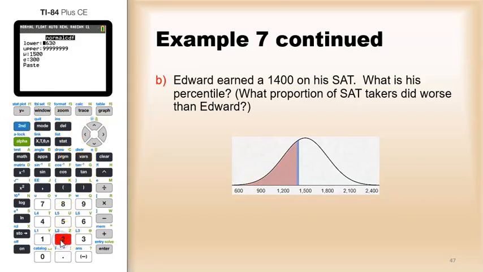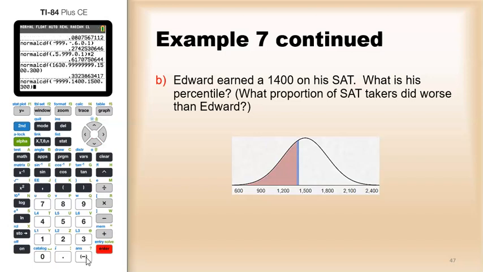So normal CDF, in this case, negative 9999 up until his score, 1400. I'll leave the mean and standard deviation alone. Paste. And I get about 0.369, so that's about 37%.